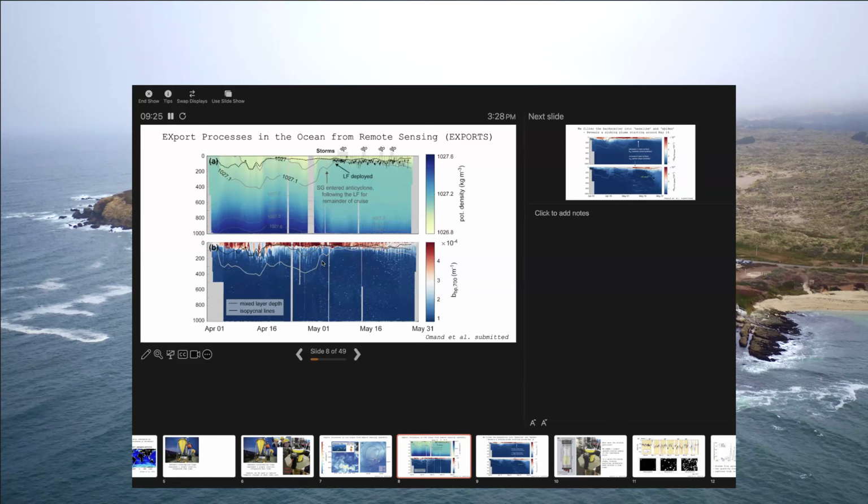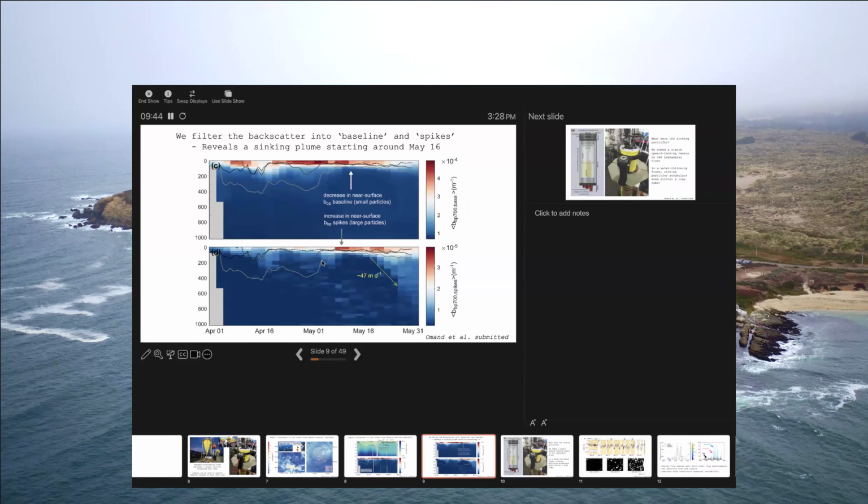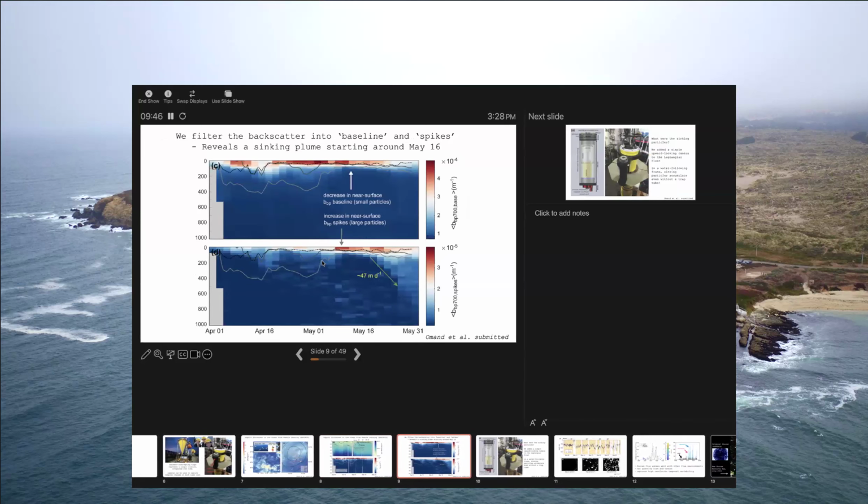The bottom panel here shows optical backscattering, which is a proxy in the open ocean for the amount of phytoplankton biomass and particles. And you can see it sort of higher in the upper ocean, especially in the later season after the mixed layer sort of shoaled.